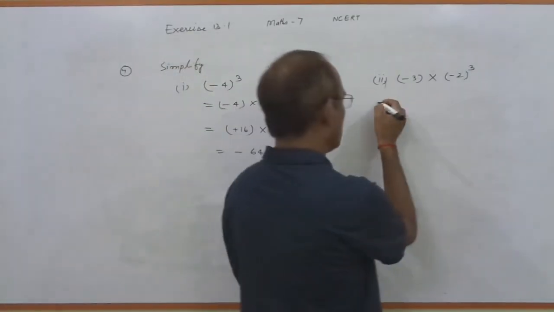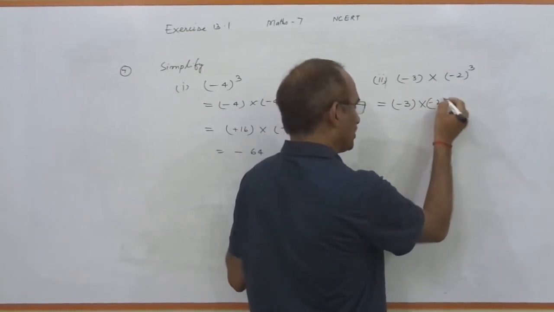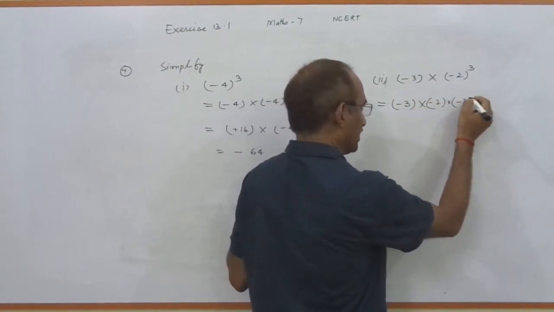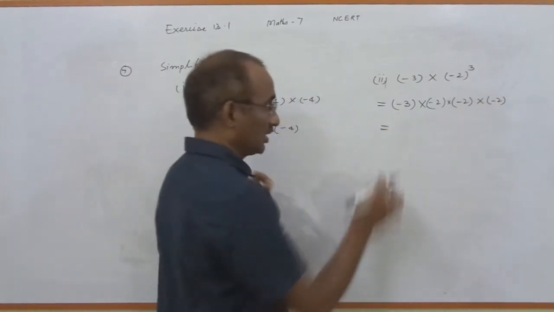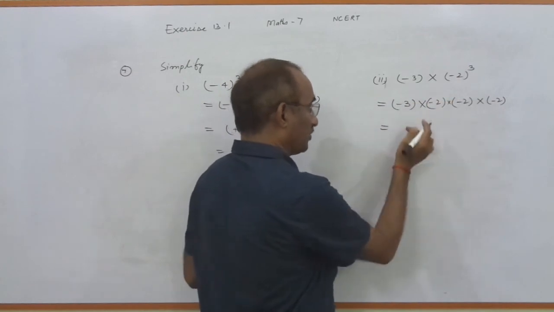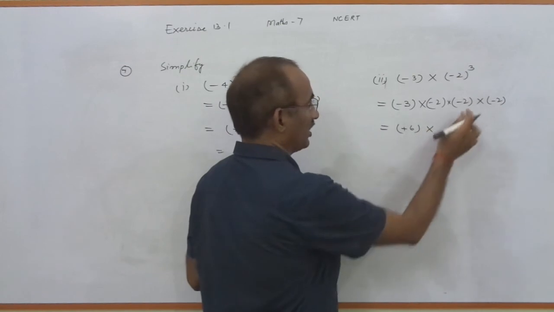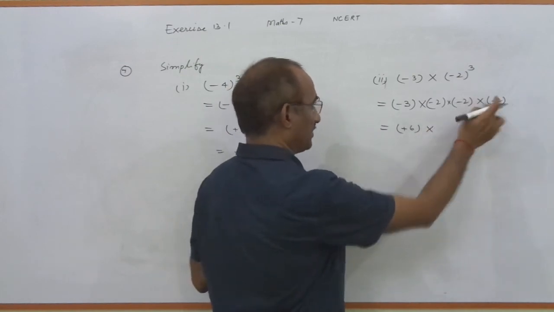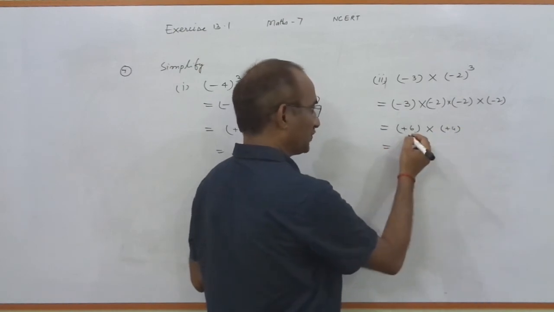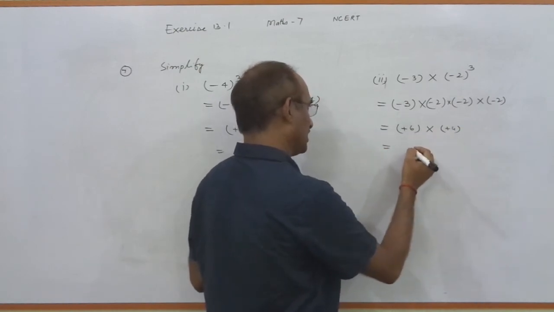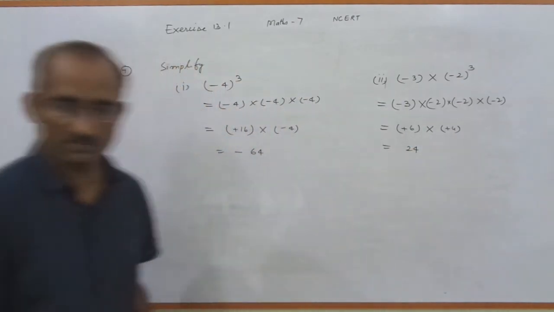So it can be written as minus 3 multiplied with minus 2 multiplied with minus 2 multiplied with minus 2. So minus 3 and minus 2 multiplied, then we get plus 6. And minus 2 and minus 2 multiplied, then we get plus 4. And plus 6 and plus 4 multiplied, then we get plus 24. So 24 is our answer.